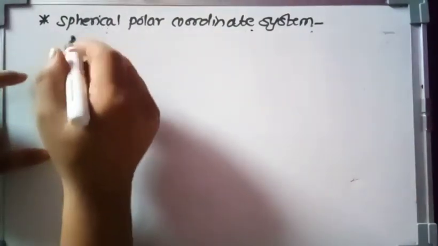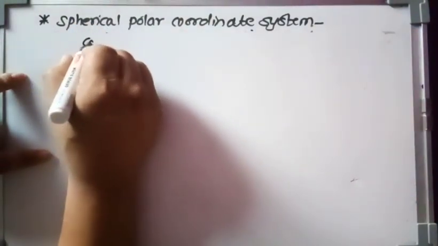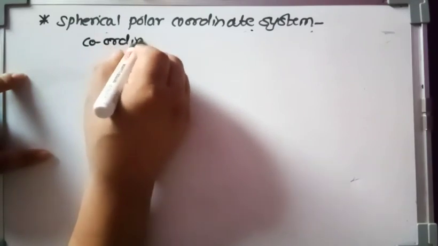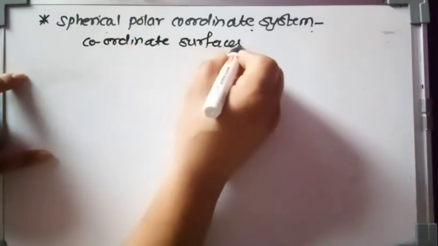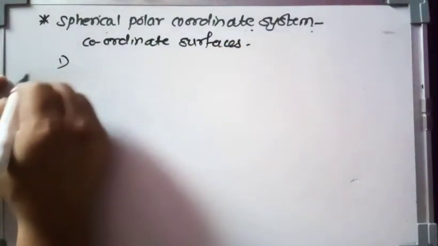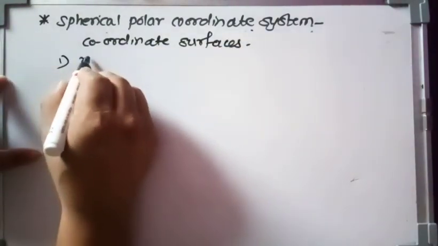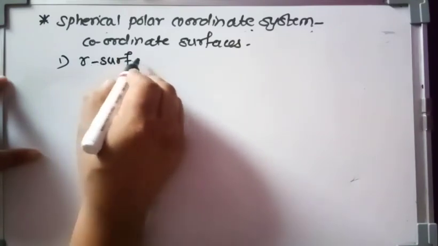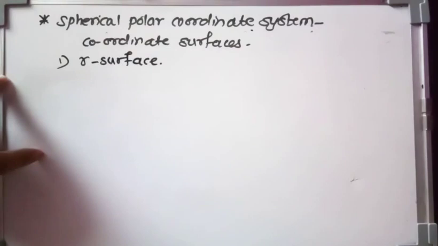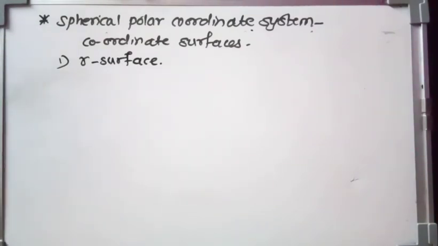There are three coordinate surfaces. First coordinate surface is R surface. In spherical polar coordinate system, the surface for which R coordinate is constant is known as R surface.